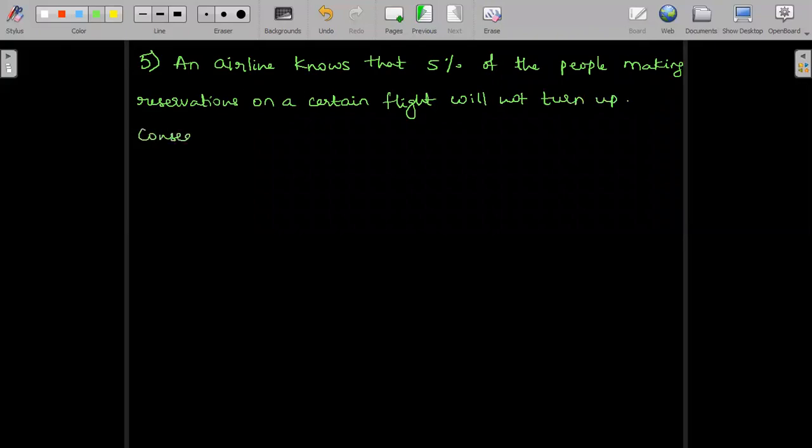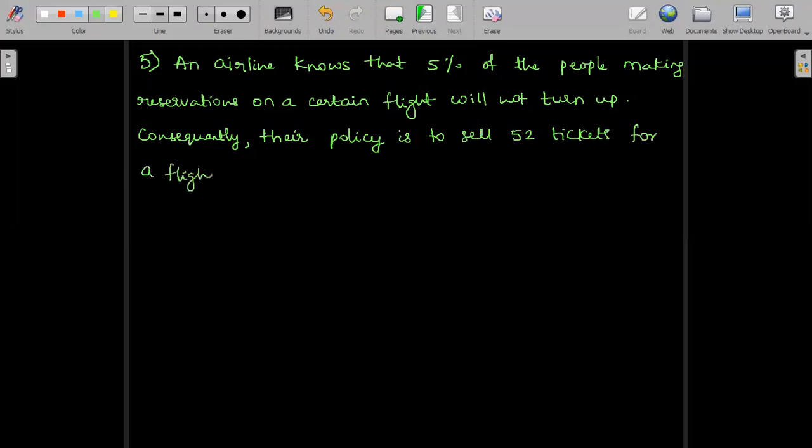Consequently, their policy is to sell 52 tickets for a flight that can only hold 50 people.